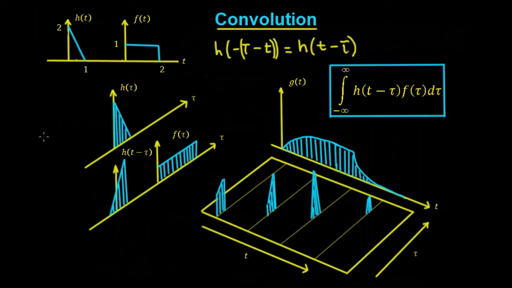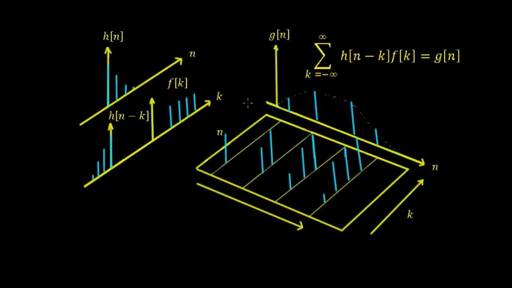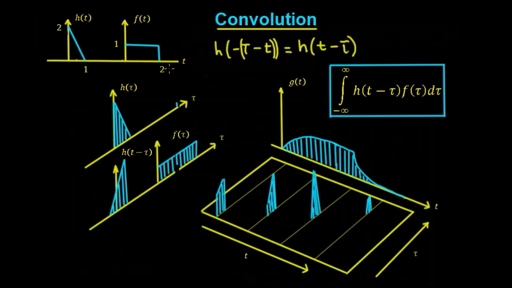We've just split it into little sections. We've got our h[n] here, and we're going to be convolving it with another function, f[n]. Our f[n] is just this little discrete function, the same as the function we had up above.